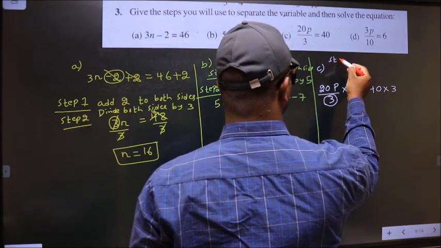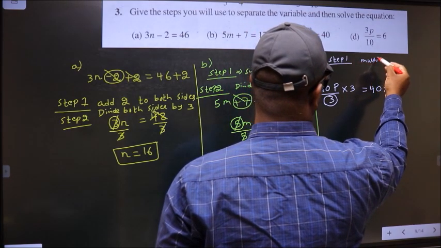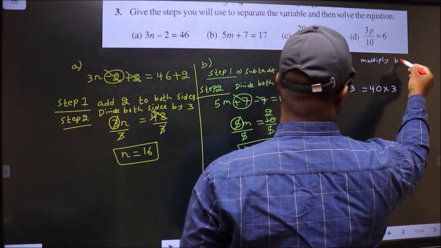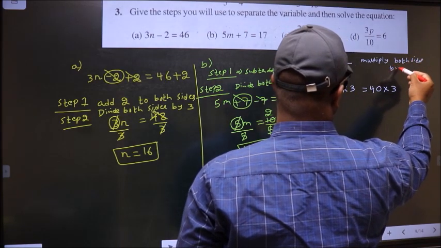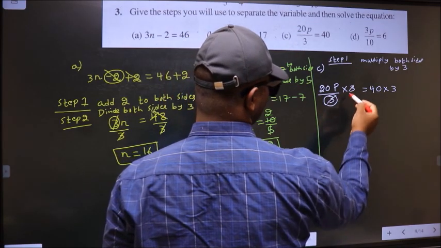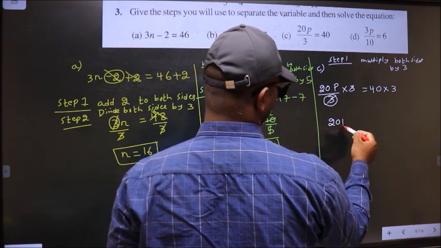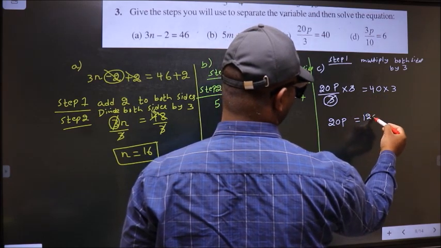So our step 1, multiply both sides by 3. So now this cancels out, you get 20p equal to 40 into 3, 120.